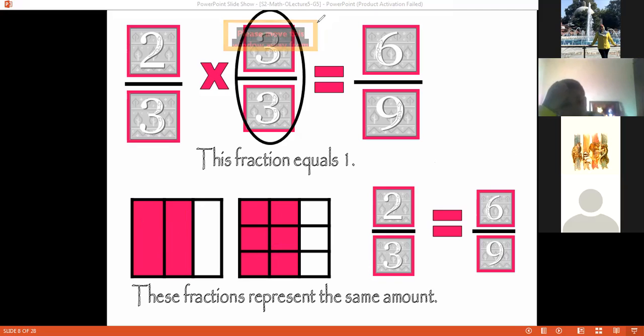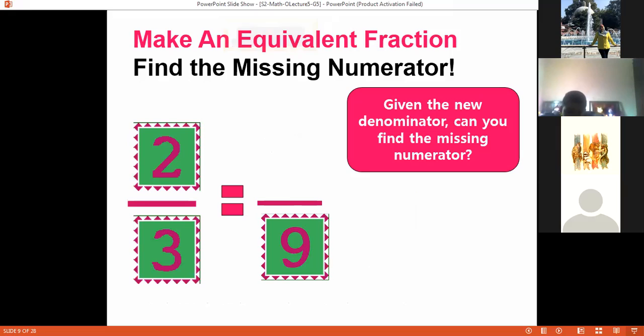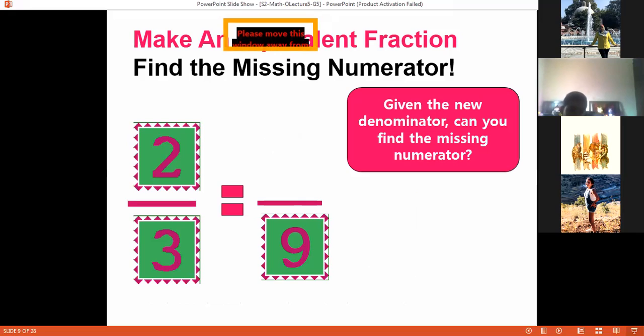Yalla, let us continue. Now, we have a different question. I already put for you the two fractions and I told you that they are equivalent, but there's something missing that you have to know. How do you know?